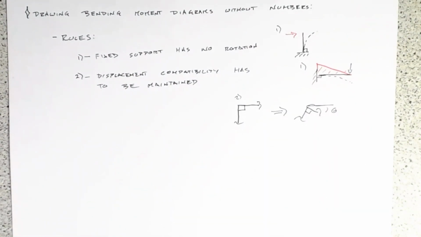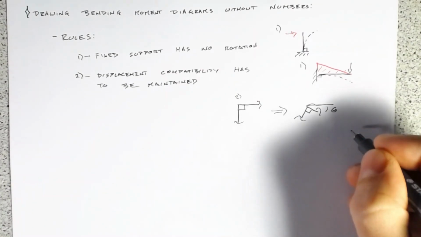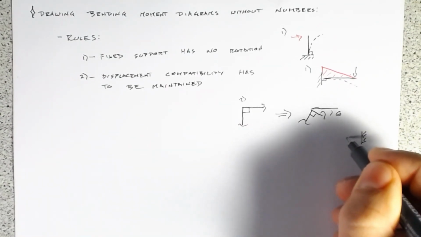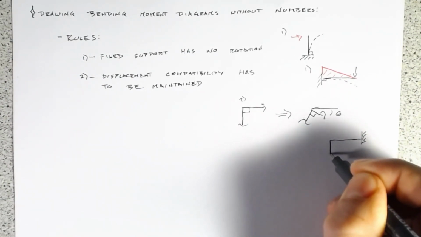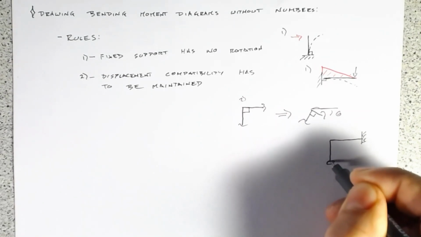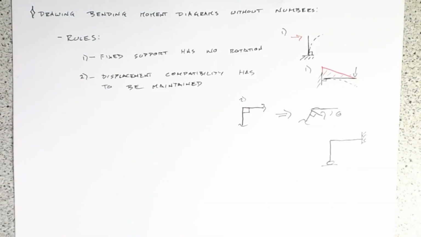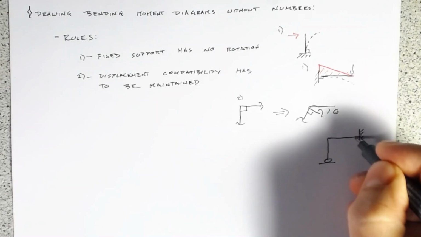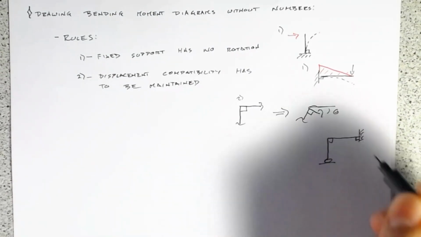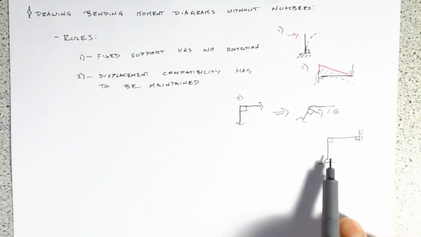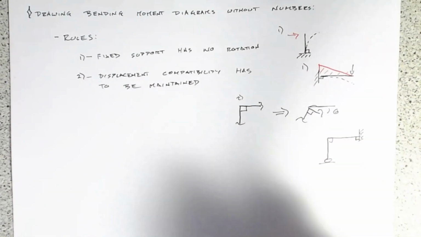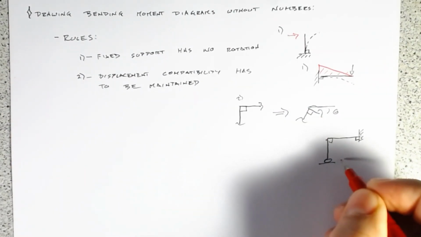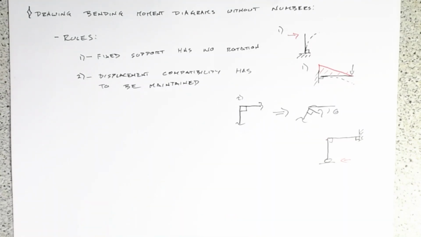What that means is, say that we fix one end, and we put another end on a roller. If we're going to rotate this around, we know that we've got to stay at 90 degrees here, and we've got to stay at 90 degrees here. This is our first rule, and this is our second rule. A good way to do this is to draw it out. So say we move the support this way.